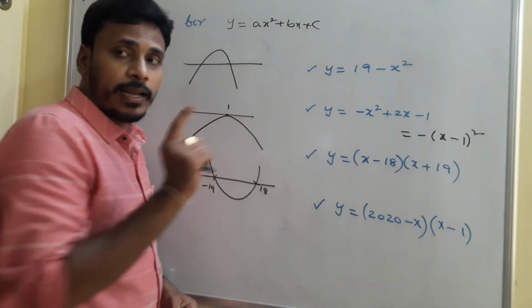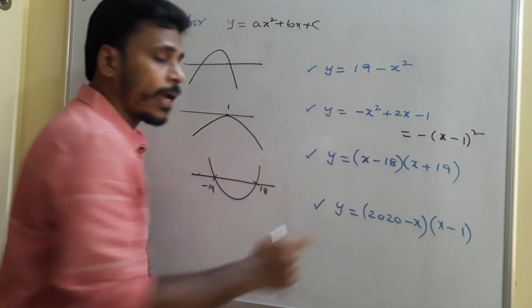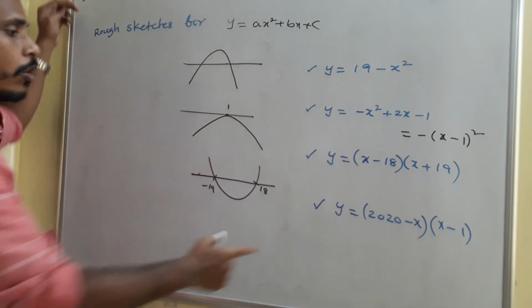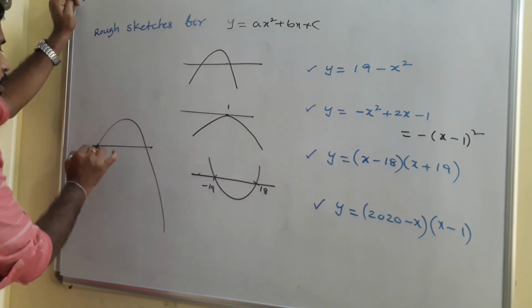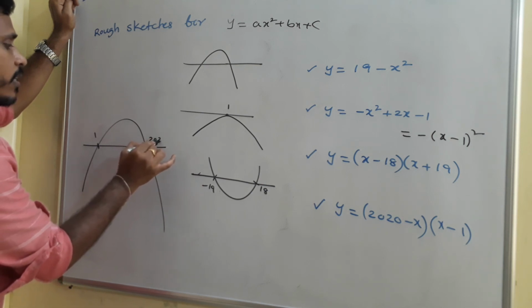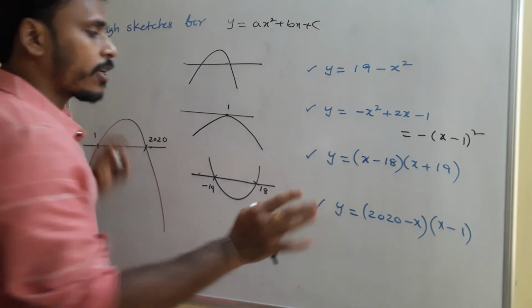No need to multiply completely, just think about the x square term. Minus x into x is minus x square, so downward parabola. Downward parabola and two roots. So the graph is a downward parabola. At one point it intersects the x-axis at the point 1, and at the other it intersects the x-axis at the number 2020. So this is the rough sketch for the last expression.